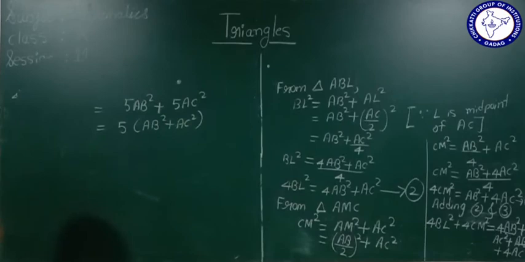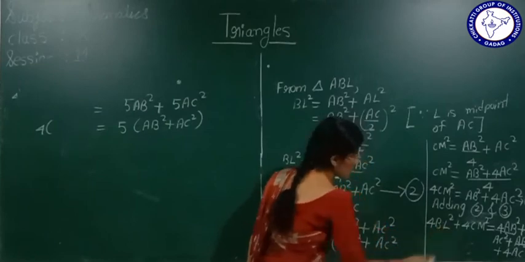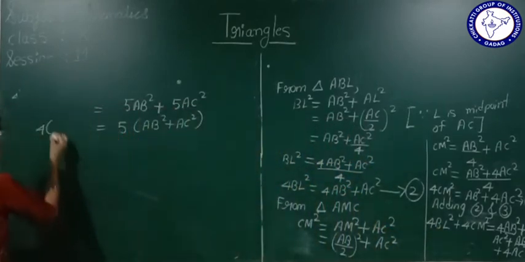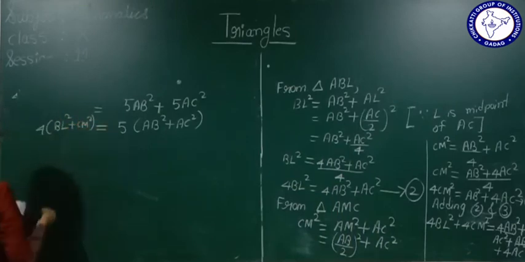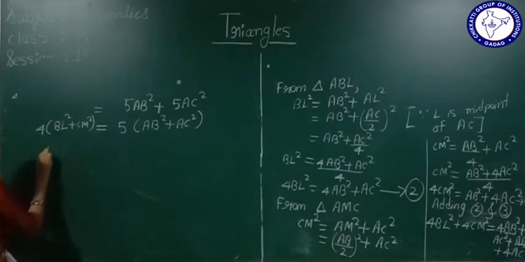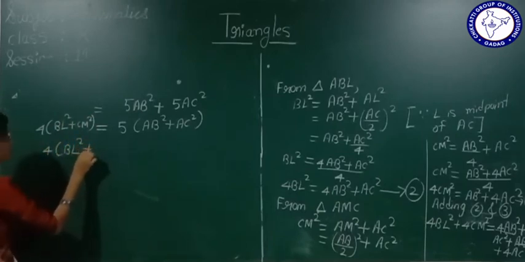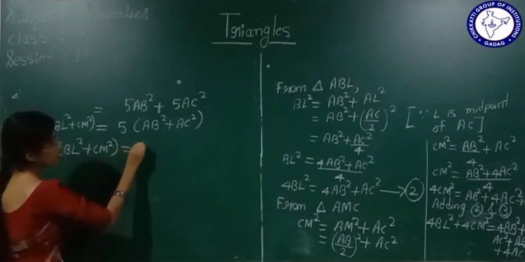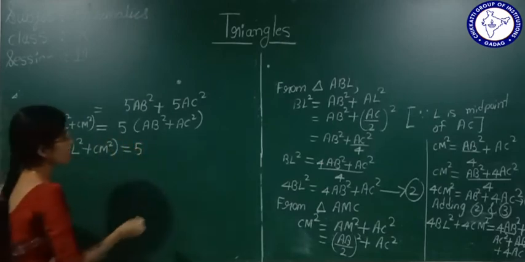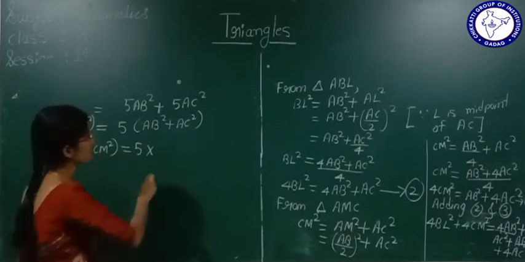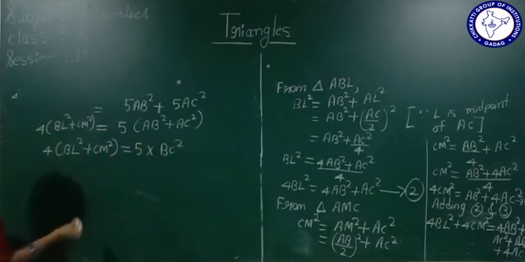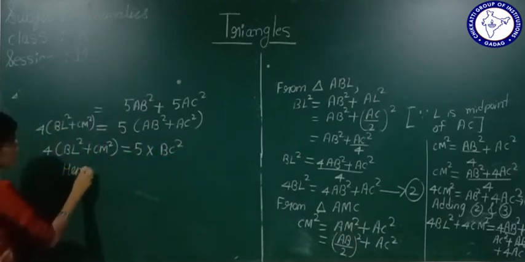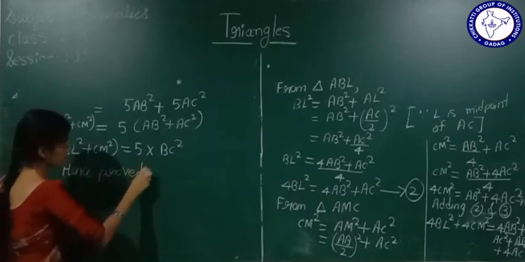On this side, taking 4 common on the LHS, the remaining is BL square plus CM square. So 4 times BL square plus CM square is equal to 5 into AB square plus AC square, which is nothing but BC square. It is from equation number 1. Hence proved. This is the result we wanted to prove. This is the proof.